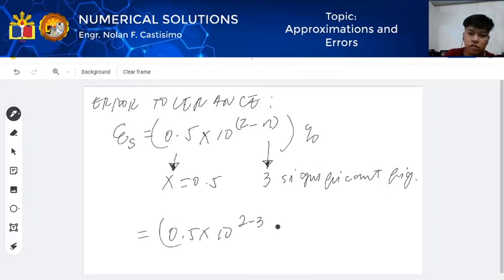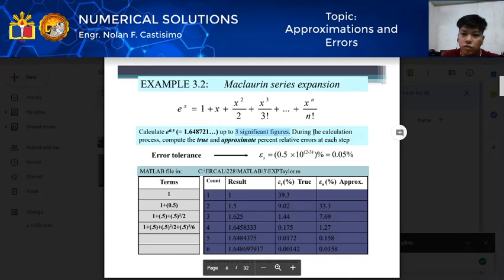So, ano yung sagot natin dyan? Meron tayong 0.5 times 10 raised to negative 1. 0.05%. Yan. Kung paano nakuha si 0.05 na error tolerance.